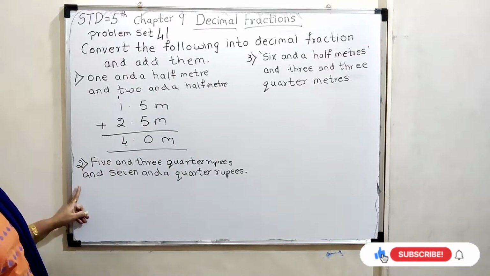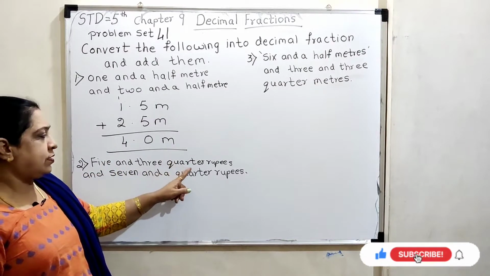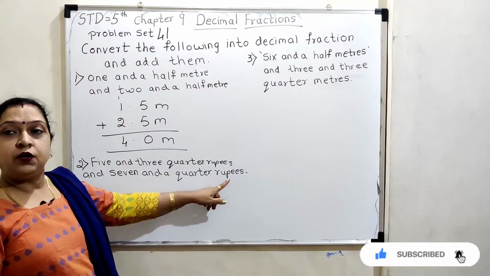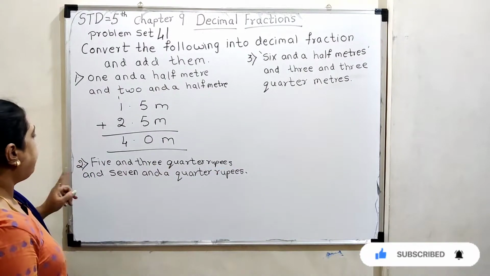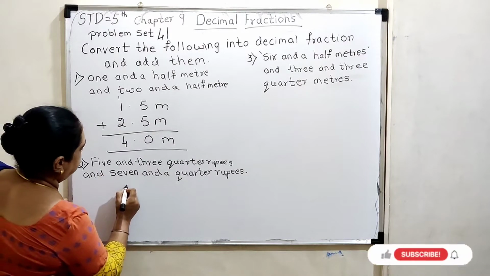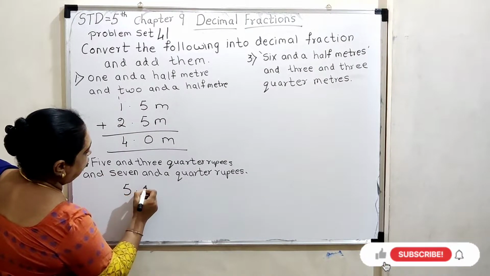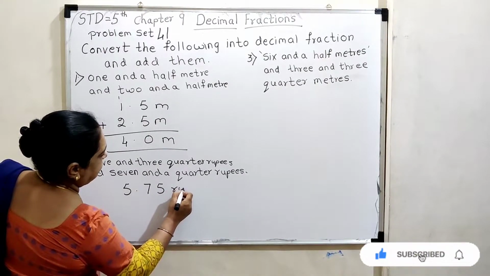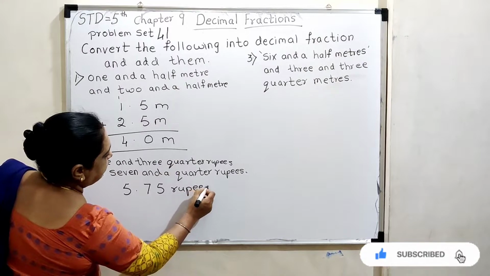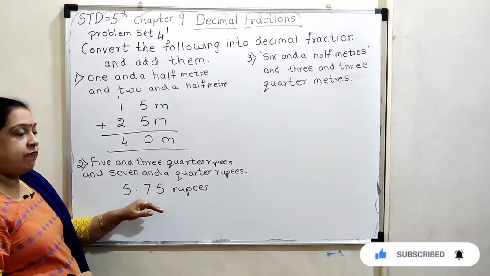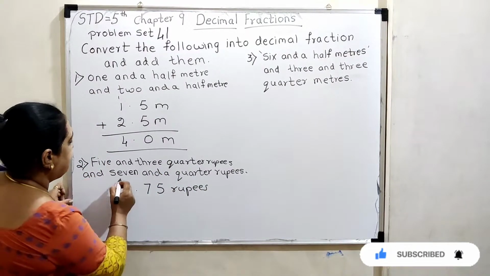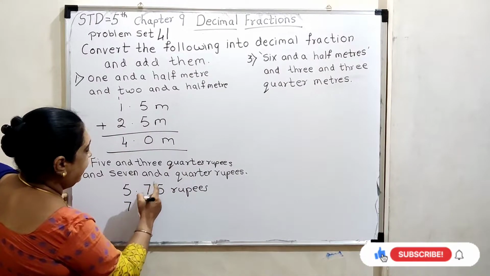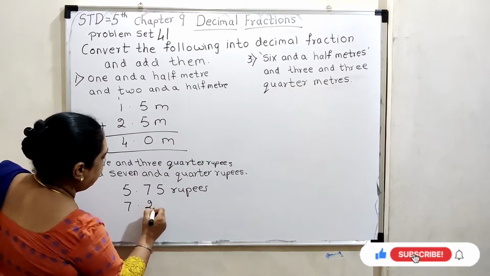Now, second sum. 5.75 rupees and 7.25 rupees. So 5.75 means what? 75 rupees. 3/4 means 75. And 7.25, a quarter means how much? 25.